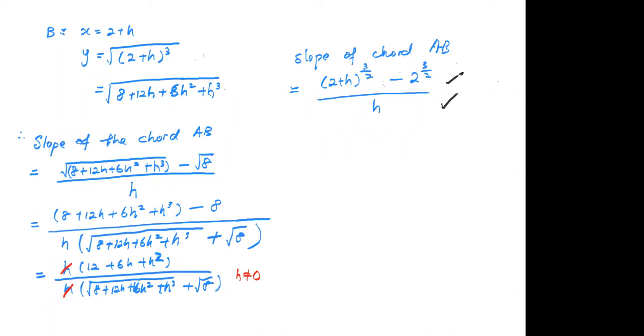You will do like that. You will say, therefore, dy dx is equal to limit h tends towards 0. And if you don't want to write all these numbers, you just can write slope of the chord here.